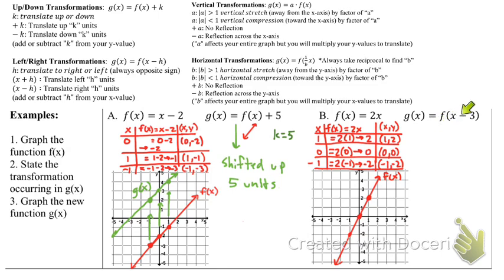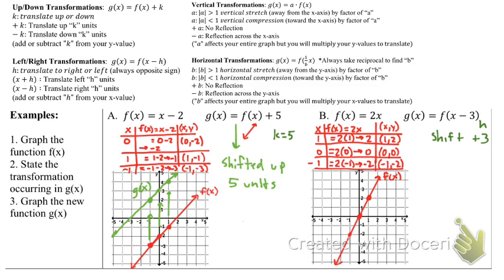So right now it looks like -3, but what we're really going to do is shift +3. This is my H value. Okay, so my H value is 3.